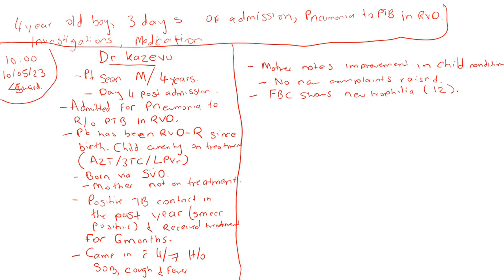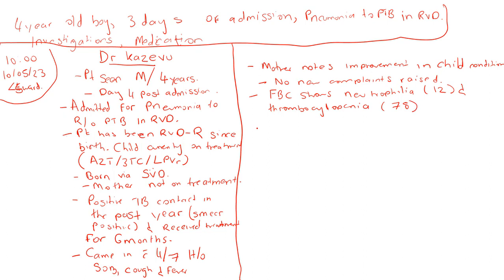Shows neutrophilia, and it also shows thrombocytopenia. Then we can even add the value here. Let's say 78. So that's what the FBC was done.